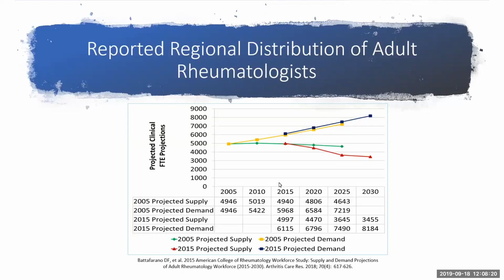And then just last year, we published additional data in this regard, but you notice that this supply and demand gap is larger than was anticipated when we look toward the next decade and the supply of adult rheumatologists. In fact, if you do the math here, you come up with a projected need of an additional almost 5,000 rheumatologists.